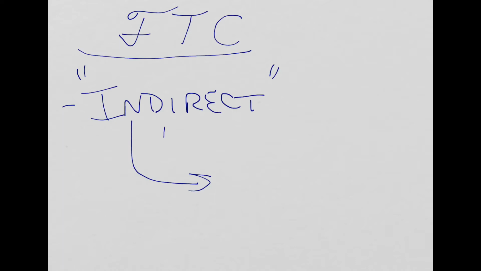Here, the indirect tax credit, foreign tax credit, is in a sense the opposite way, an outbound matter. And here's how it works basically.